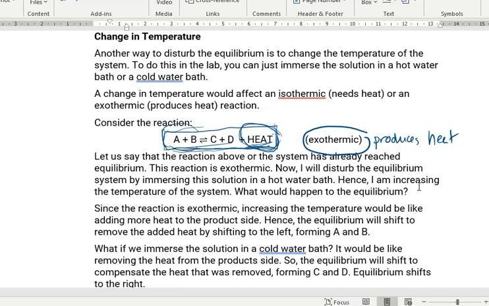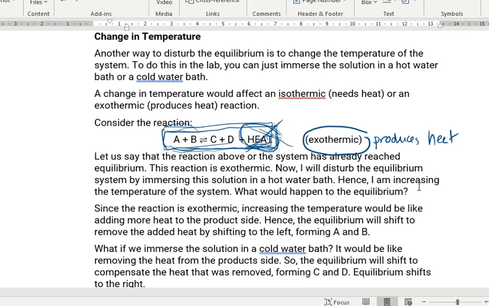Okay? Now, what if this is the equilibrium system and I immerse this in a cold water bath? It's like I'm removing heat, right?